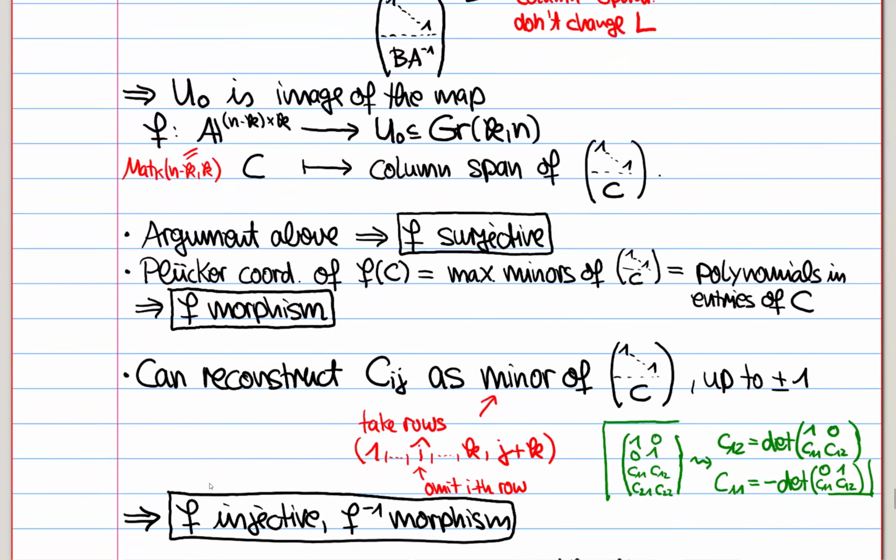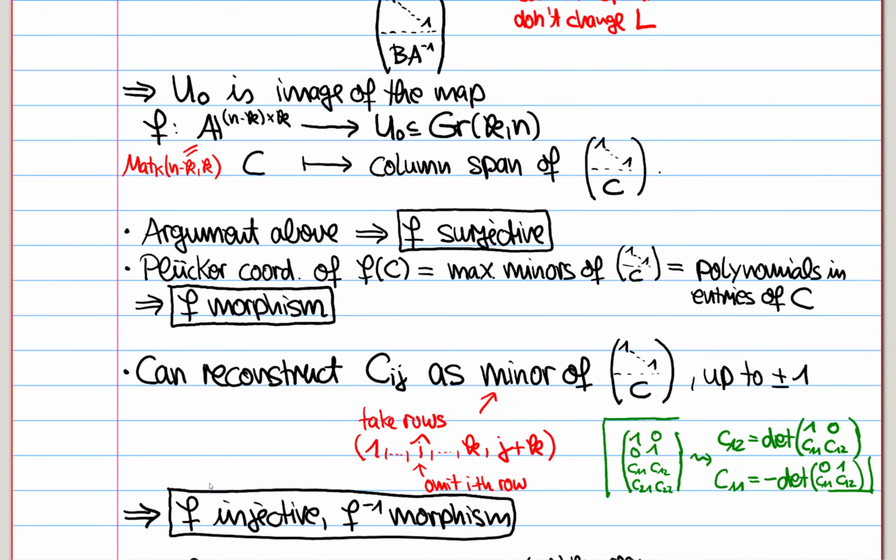And for the last part, we also want to show it's injective. So for this, we want to see that from this image, from this column span, we can reconstruct the entries of C. If we are given such a linear space, the column span of such a matrix, the first claim is that we can actually reconstruct the matrix itself, because in this linear span there will be unique vectors which start with these patterns 1, 0, 0, 0, 0, and so on.